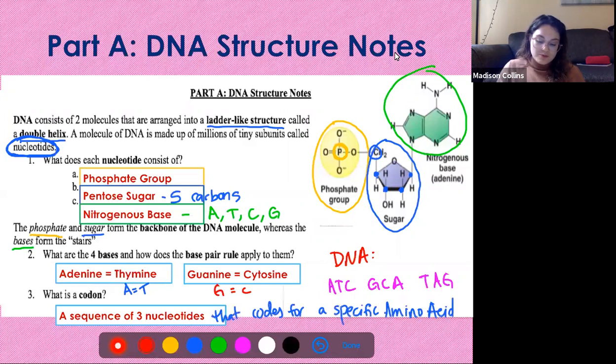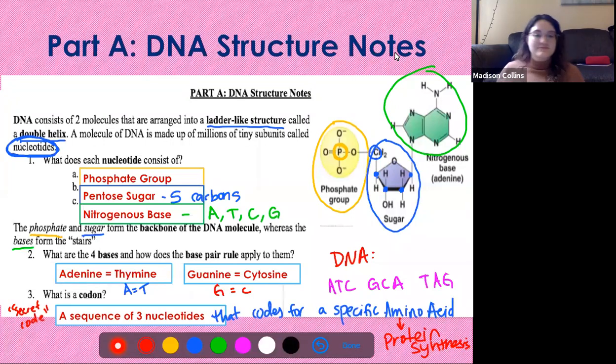And this is going to be super important when we start talking about protein synthesis, or the creation of proteins. So again, codons are kind of like a secret code or a secret message. They're always going to come in 3s.